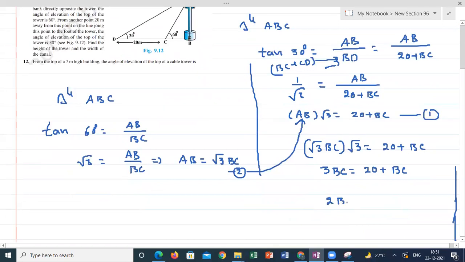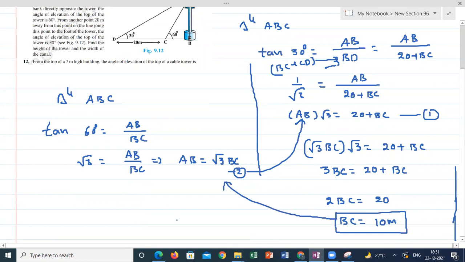So 2 times BC is equal to 20. BC is equal to, as she mentioned, 10 meters. Once I got the BC value, substituting it in the second equation will give the height of the TV tower, root 3 times 10.